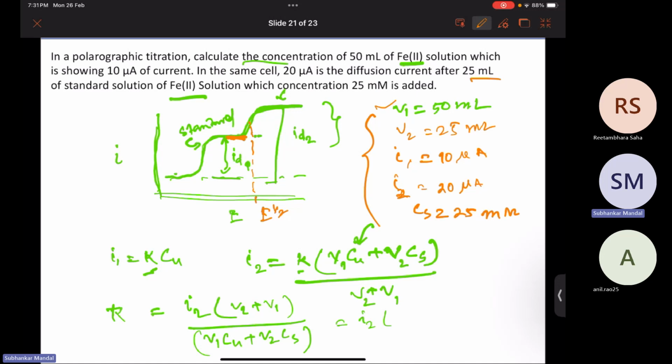Suppose this is the residual current, here the diffusion current, and in between is the half wave potential. We have discussed almost all the problems, and also what the professor discussed this week, which we just recalled.